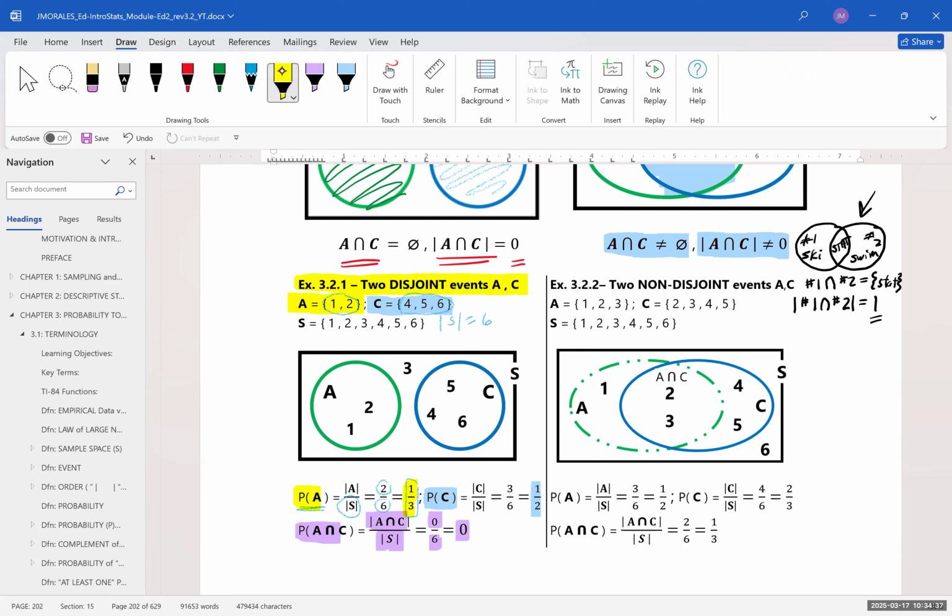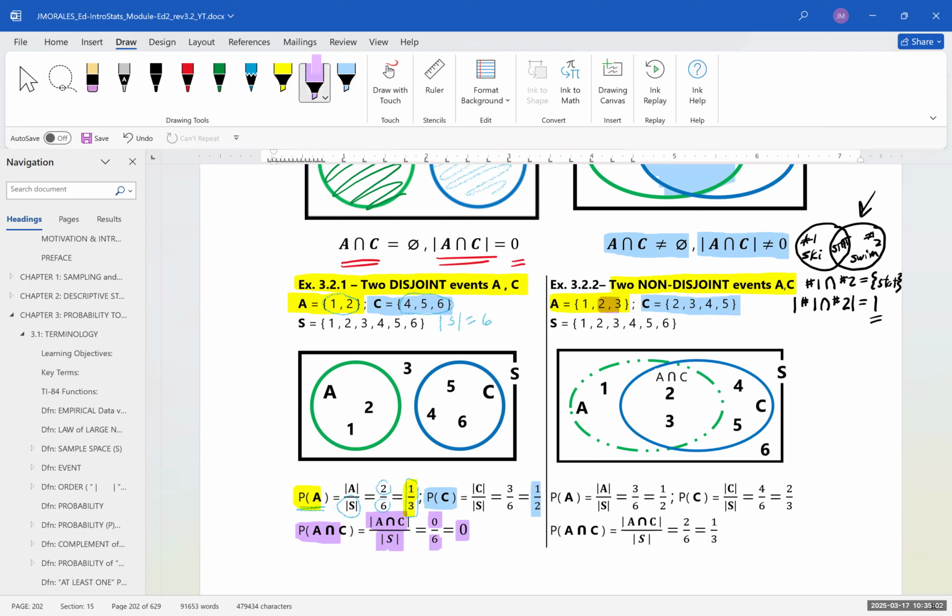All right, by contrast, let's look at an example of two non-disjoint events, A and C. Now, here's A, and here's C. But notice as we look at this list, they actually already have a couple of outcomes in common.